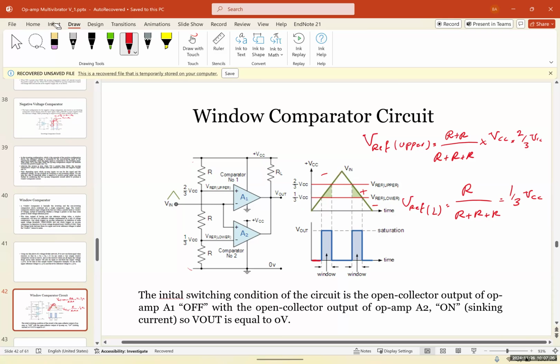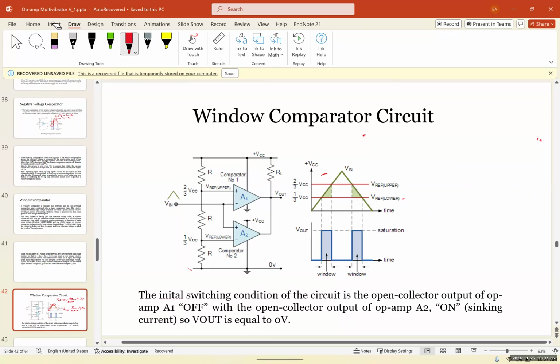Let's solve a practice problem. I think it's better to solve a practice problem, so you would better understand the concept. So for this particular example, imagine this R is equal to 4, this R is equal to 5, and this R is equal to 6. We want to find the lower V reference and the upper V reference, and we want to also draw V out.